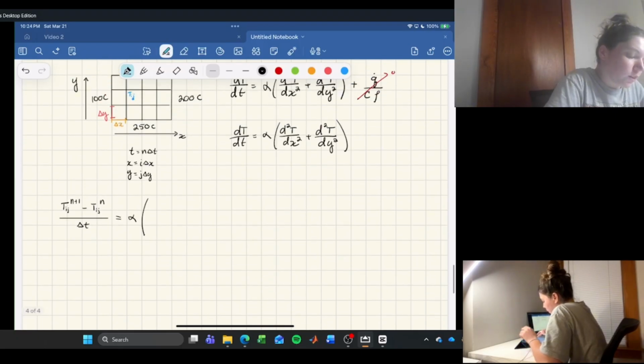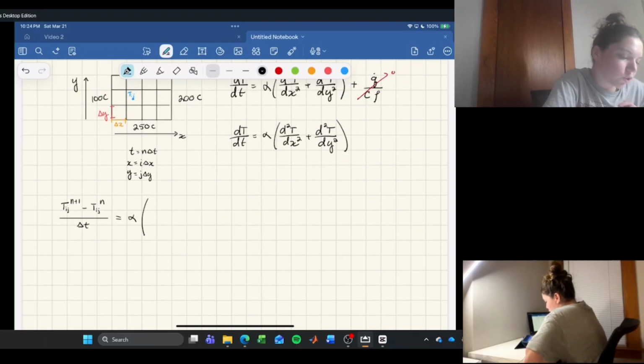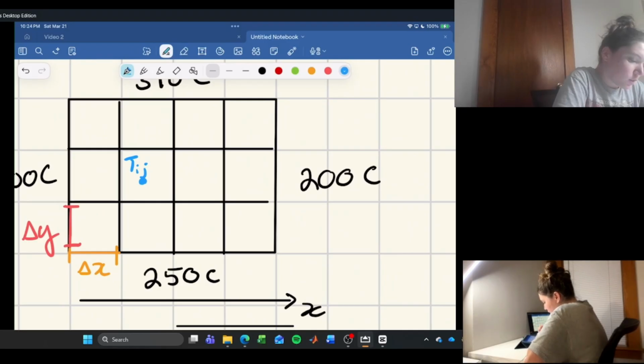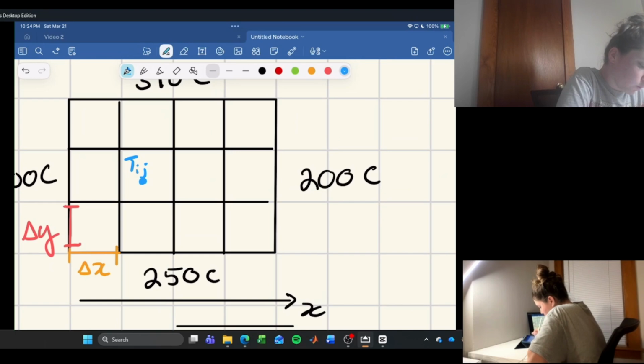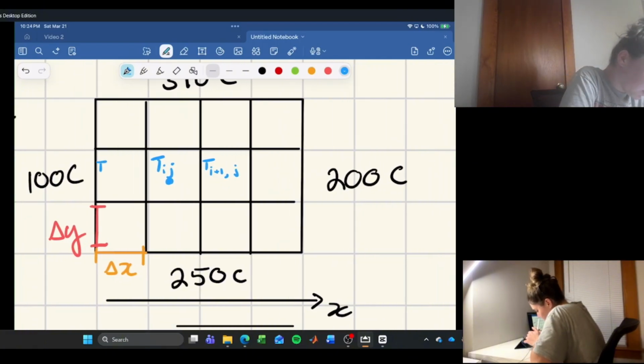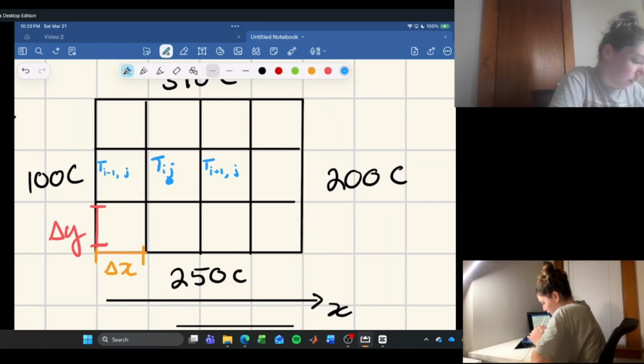But now we're trying to find the second derivative of the change in temperature over the change in position for the x direction. So if we look back here, we'll zoom in some. Staying along the x-axis, one block to the right is going to be the temperature at i plus 1, and then j is the same because it's still on the same y-axis. And then the one to the left is going to be T of i minus 1, and then j is constant again.